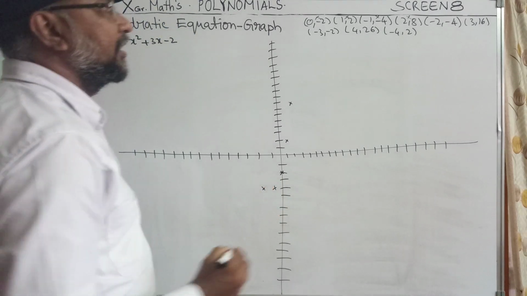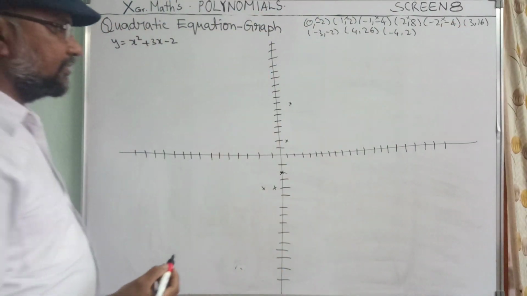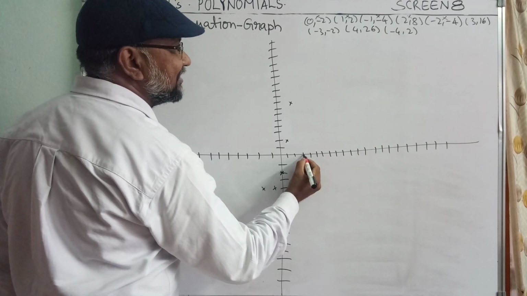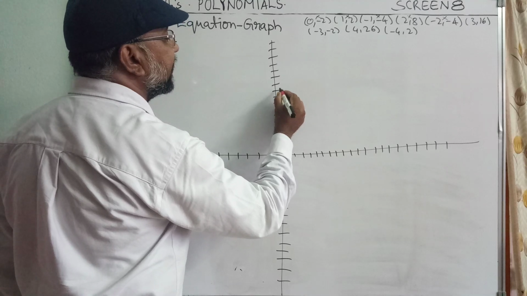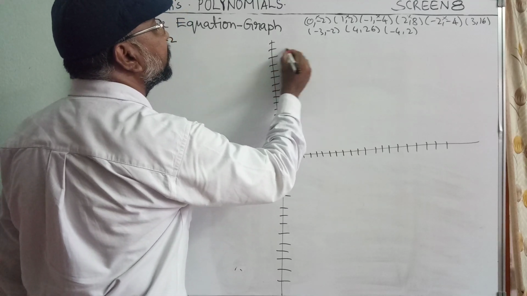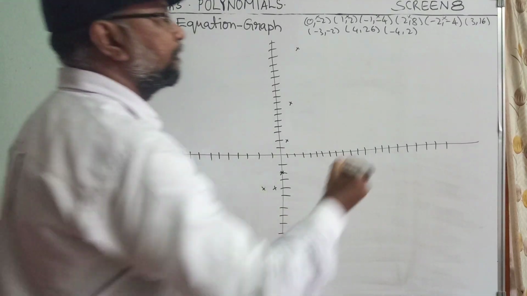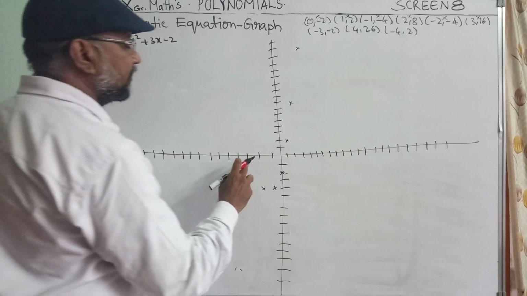Next, 3 comma 16. x-axis is 3 and 16 of the y-axis. Therefore, this is 8, 9, 10, 11, 12, 13, 14, 15, 16. Probably this could be the point. And next one, minus 3 comma minus 2.